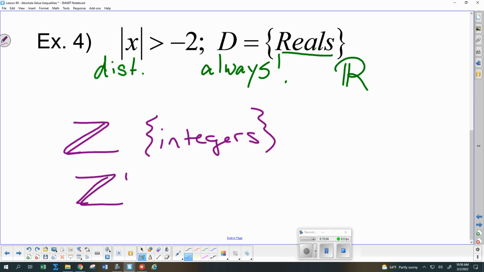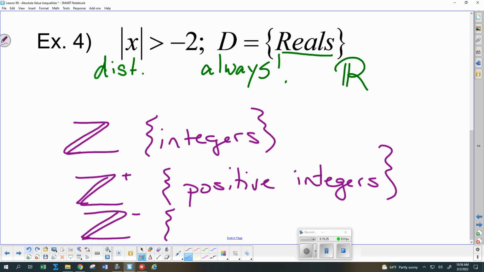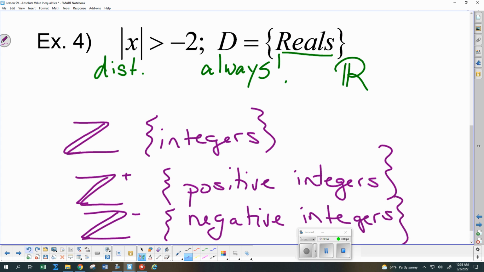Double bar Z with a plus sign is all positive integers. And a double bar Z with a minus sign that looks like an exponent is all negative integers. And sometimes that'll just save you a little bit of writing, knowing that you have those abbreviations that you could also use.